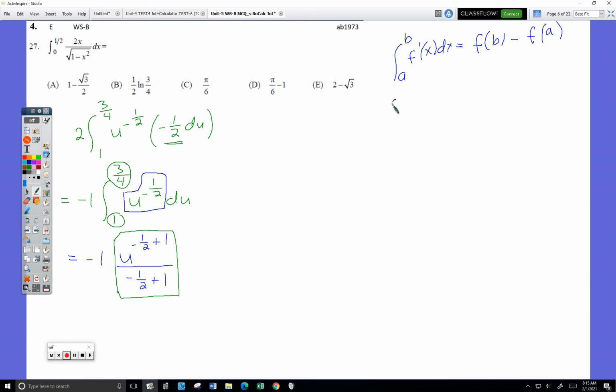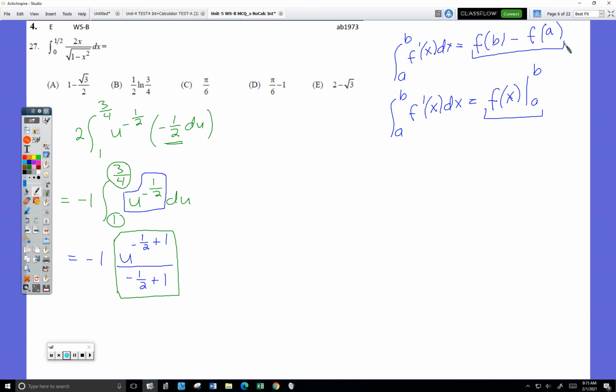Another way to write the fundamental theorem is like this. So this notation is new. I don't believe you've ever seen this before. F of x, bar, A to B. This means the exact same thing as this. It's just a little more convenient for certain work.